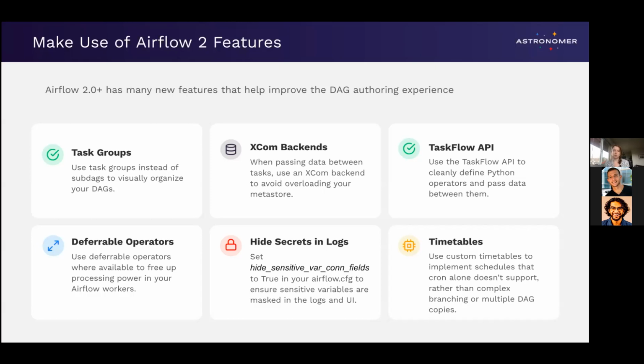In terms of keeping Airflow more secure, that's a really easy one. It's not so much DAG authoring, but I threw it in there because I think it's a useful feature, a best practice that everybody should make use of, especially if you have DAGs that are pulling in sensitive variables because you've templated them, because that's best practice. Make sure that you don't have passwords and stuff getting printed out in your logs.